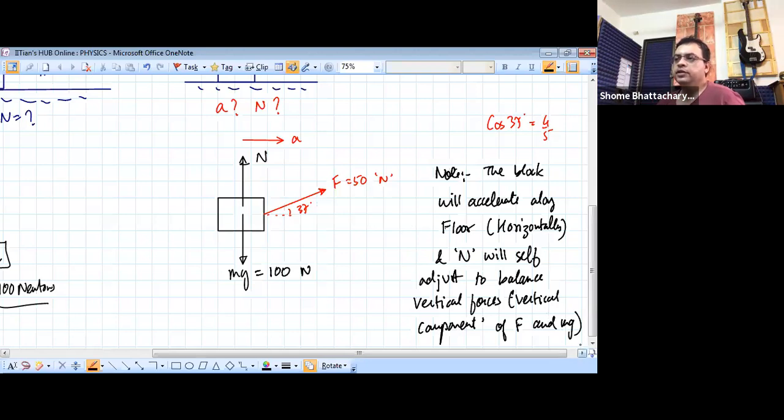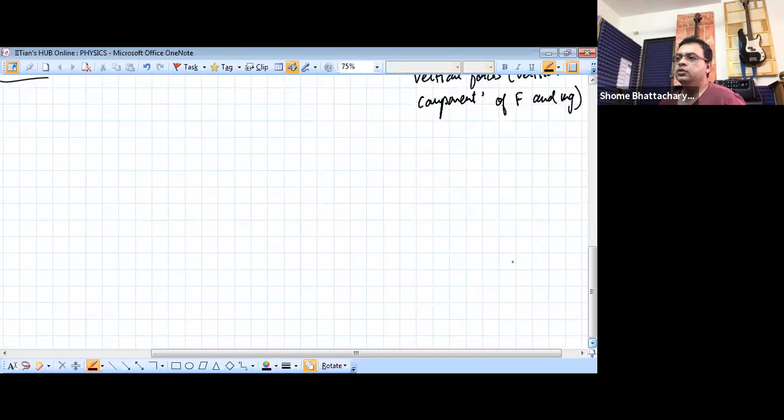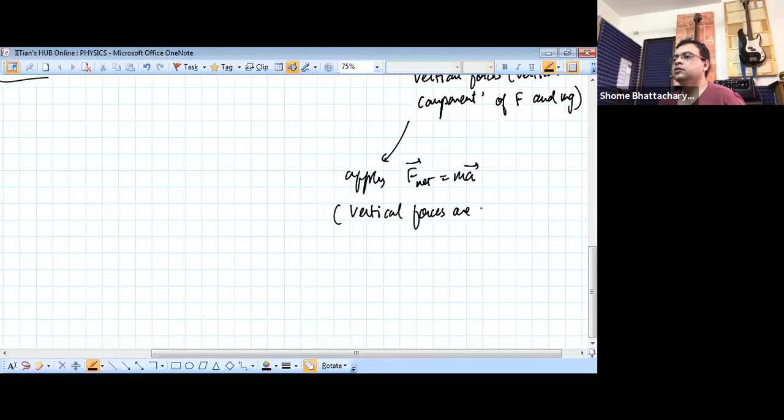So we have to apply Newton's second law, but in such a way that the acceleration is along the horizontal and the vertical forces are balanced.